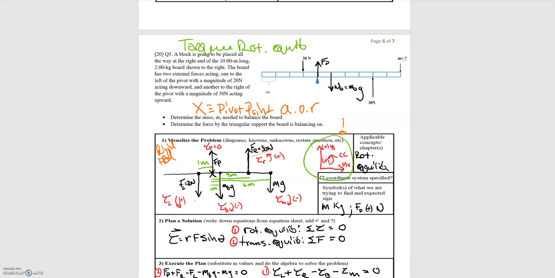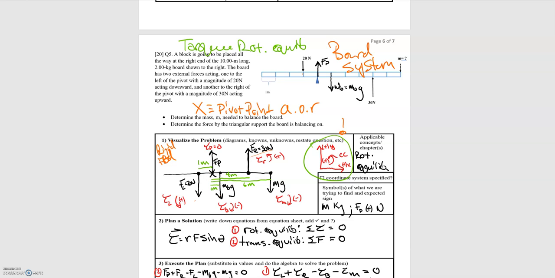So you may just think, okay, that's all the forces acting. And then one thing that's easy to forget is that we have a force acting upwards from the pivot point acting on the board. So the board is our system. So the only forces that we should draw on our rigid free body diagram are the forces that are acting on the board.